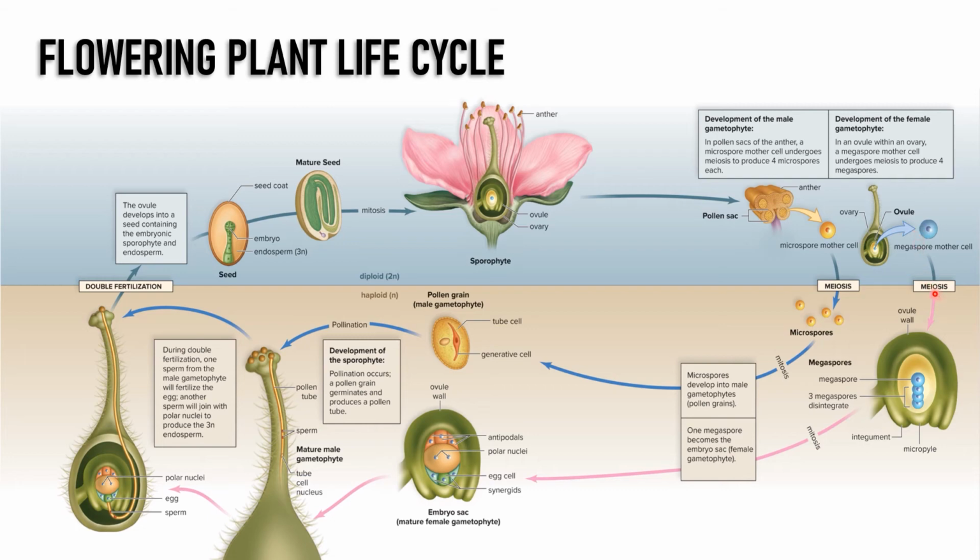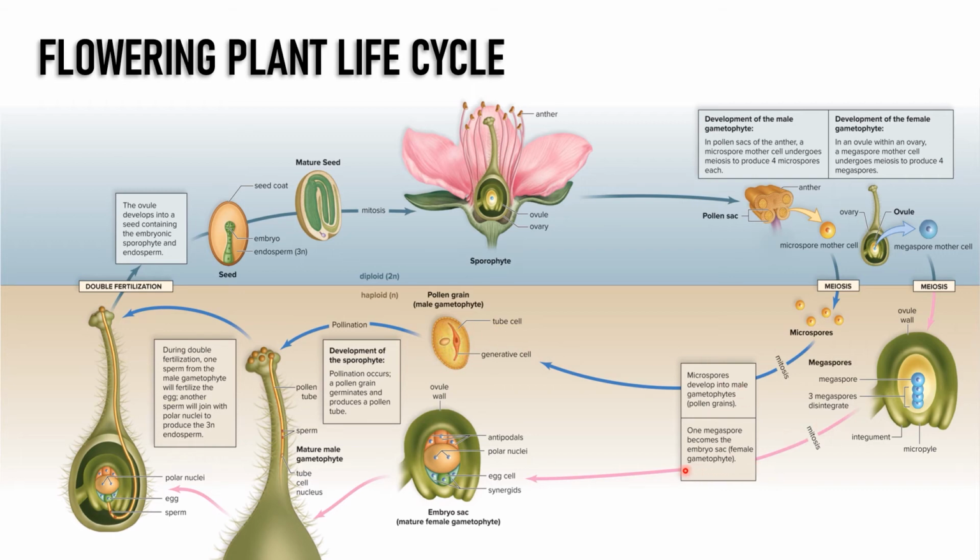This meiosis produces 4 cells, which are 1 megaspore and 3 megaspores. But of these 4 megaspores, only 1 is able to survive, and the other 3 will disintegrate. As a result, only 1 megaspore will live, and this will undergo mitosis. Similar to this process, the microspores will also undergo mitosis and become pollen grains.